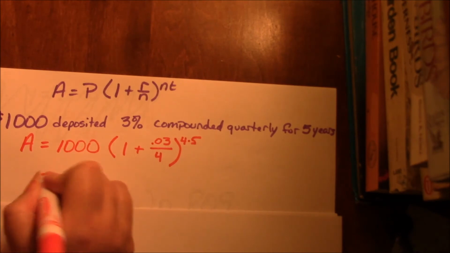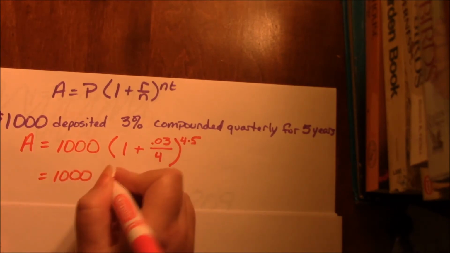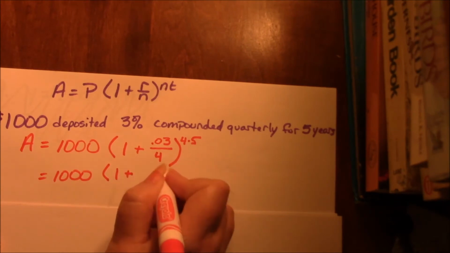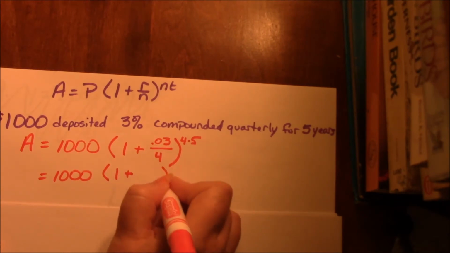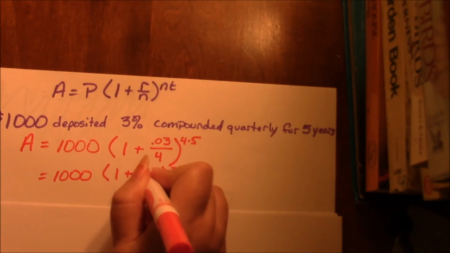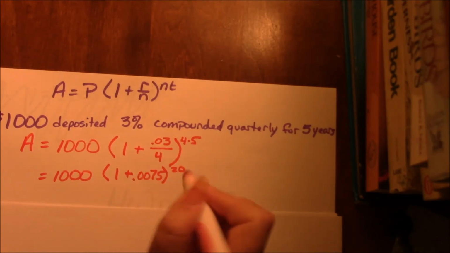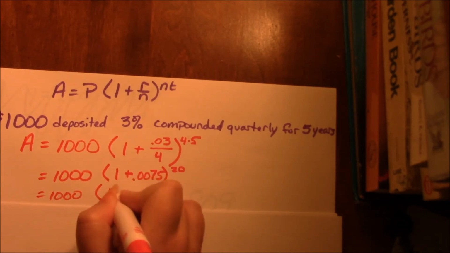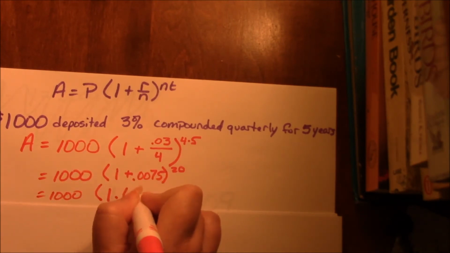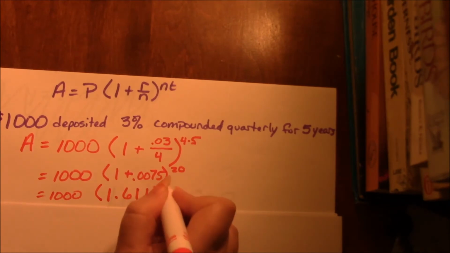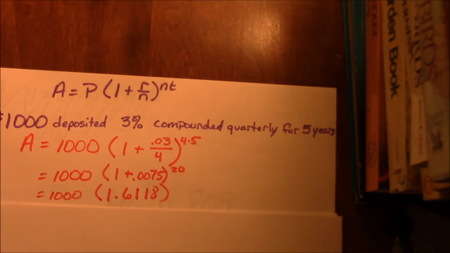So we have 1,000 times 1 plus, and we're going to put this in our calculator, 0.0075, to the power of 20. Which is 1,000 times 1.1618 times 1,000.